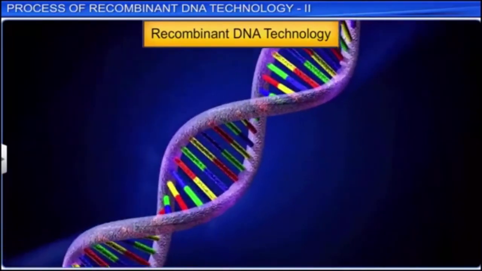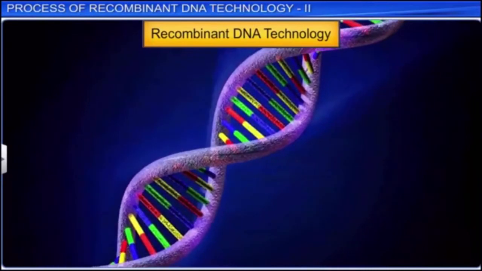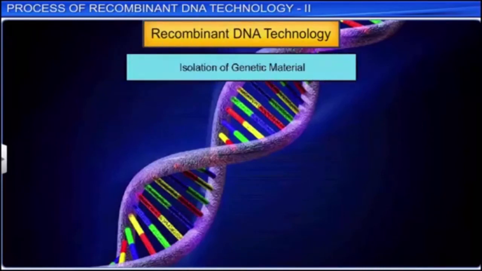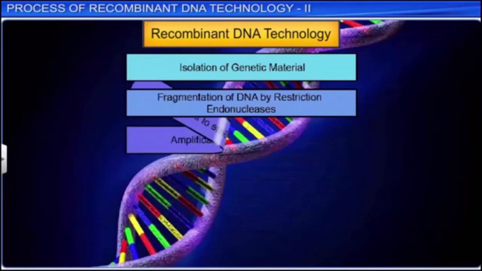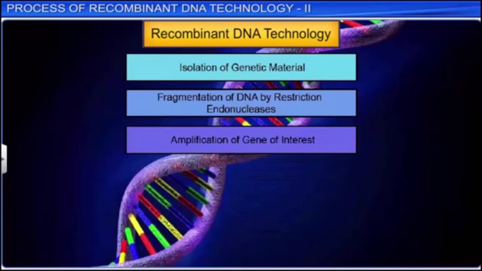It is a complex step-by-step process. The first few steps involve the isolation of the genetic material, fragmentation of DNA by restriction endonucleases, and amplification of a gene of interest.